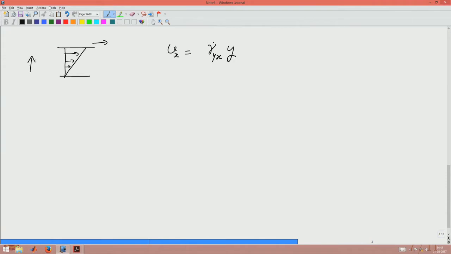So, at y is equal to 0, the velocity is 0, and at y is equal to h, let us say we will call this separation h. So, at y is equal to h, velocity is the velocity of the plate. So, velocity of the plate is nothing but gamma dot Yx into h, and of course, we also have Vy is equal to Vz is equal to 0, right. Both the velocities are 0.